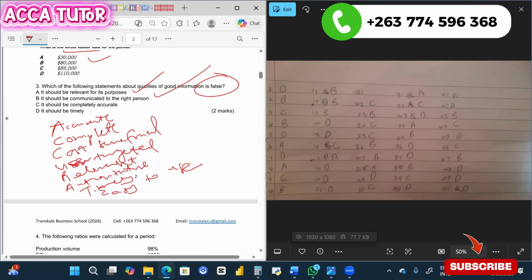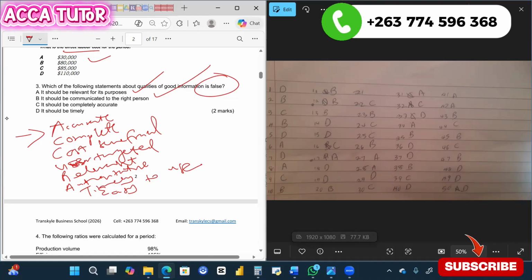C, it should be completely accurate. Even if we want the information to be accurate, we do not want the information to be wastefully accurate. Going the extra mile in providing the information might, by the end of the day, make the information cluttered and it won't be useful.